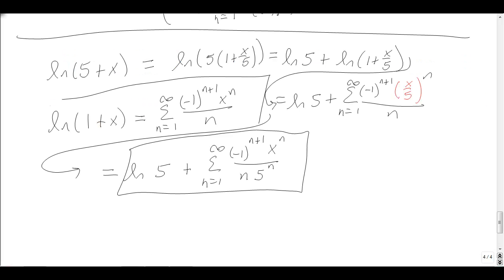So let's start with the first one. We have e to the x times cosine x squared. So what I'm going to do is convert both e to the x and cosine x squared into series. Okay, the series for e to the x is the sum n equals 0 to infinity, x to the n over n factorial.